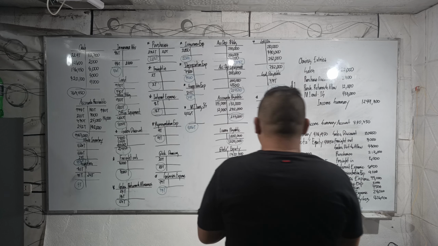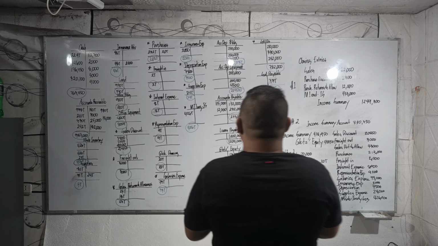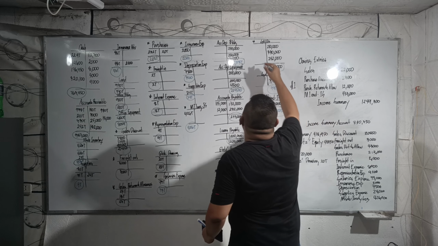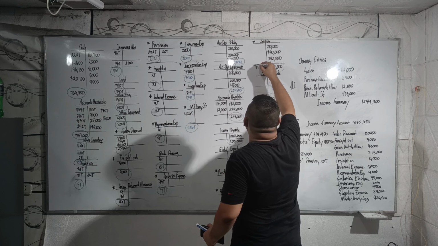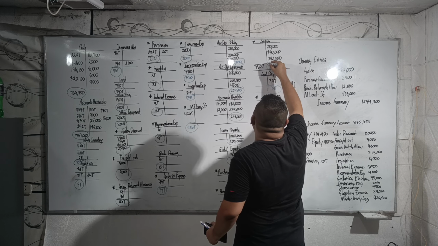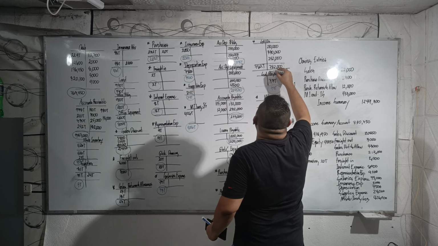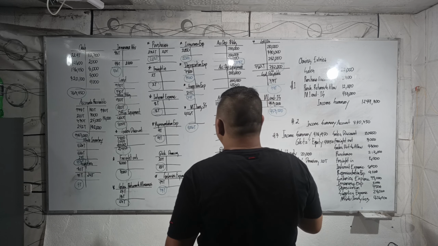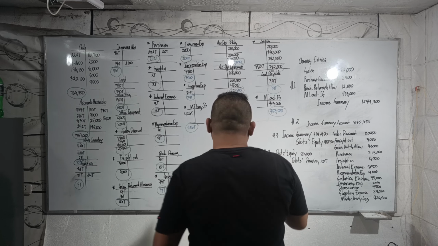Let's post it. For example, when we talk about sales, where's sales? 782. You have to post 782 here. So, if that's the case, the sales will be reduced to 0. Okay? And then the purchase discount, we have to close that also.